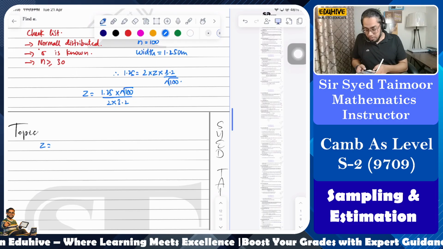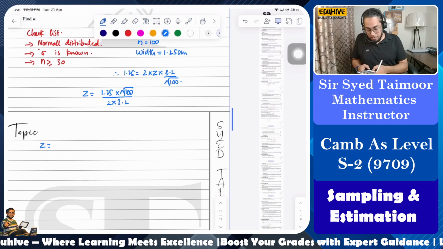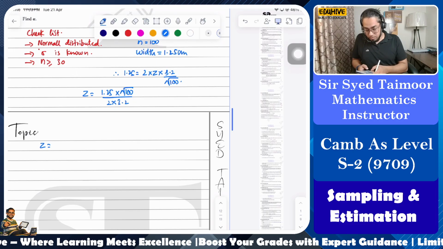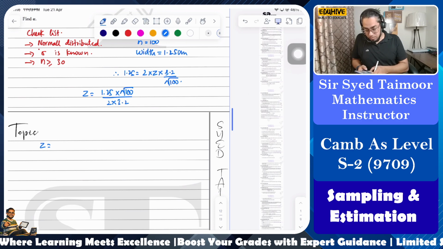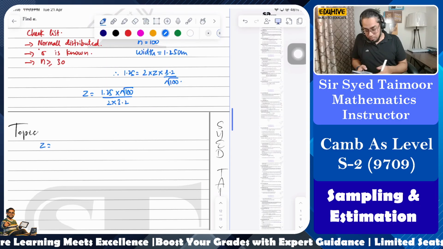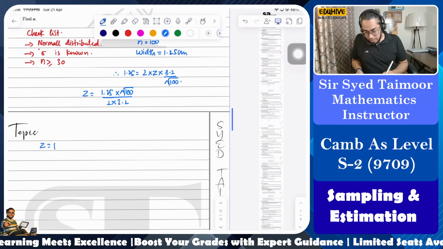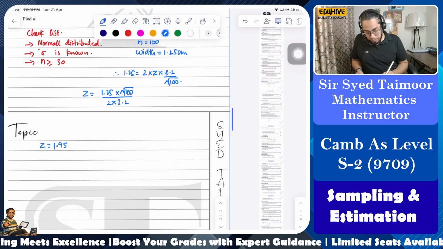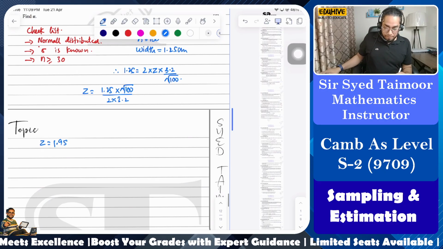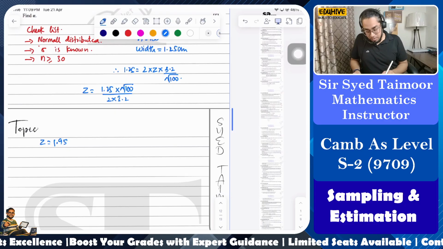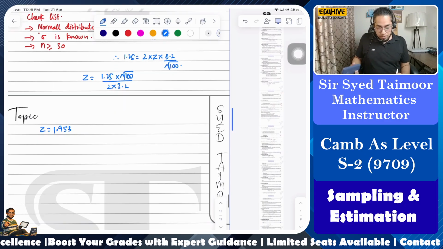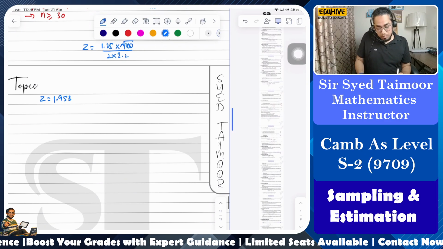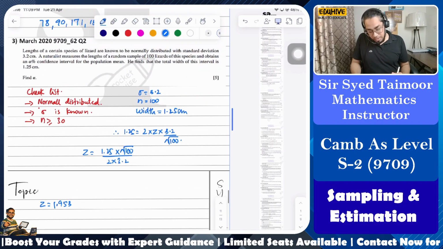So our z will be exactly 1.95, 1.953. So z is exactly 1.953.